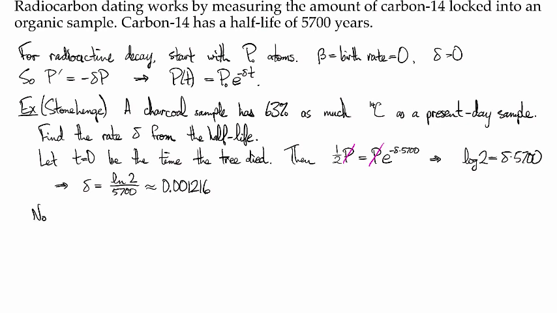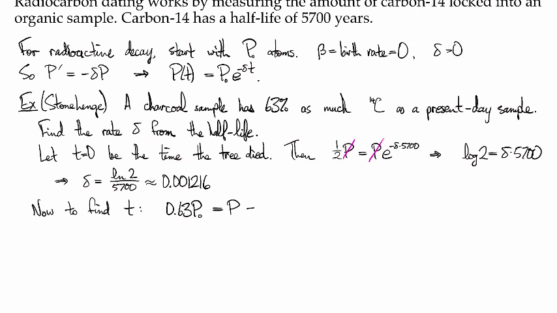Now to find t, 63% of the original sample, that's supposed to be the amount that we have, but if we looked at what was evolved forward according to the model, it'd be e to the minus, and now we've got this parameter, we know that it's log 2 over 5700 times t, and so that means that our time t is going to be minus log 0.63 over log 2 times 5700.